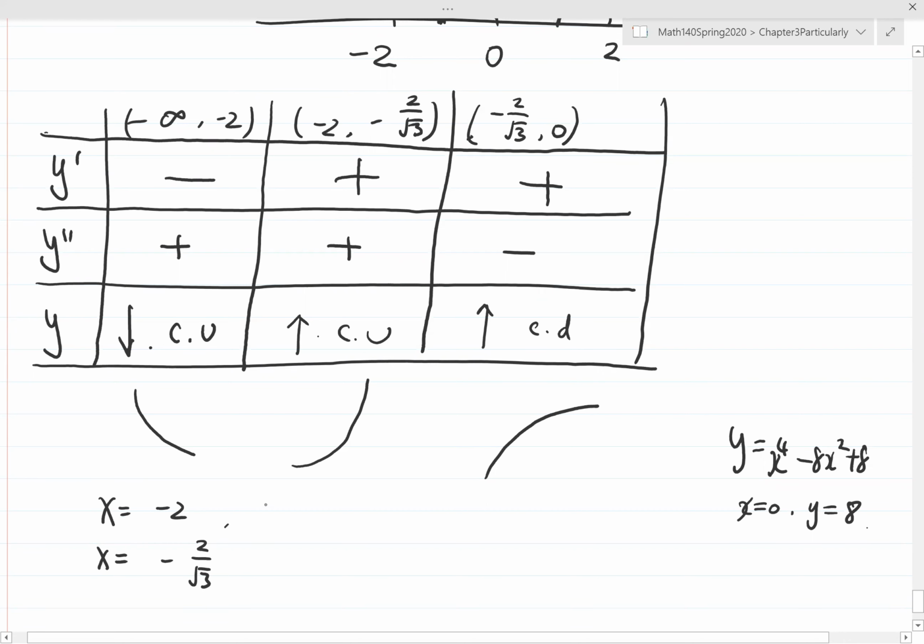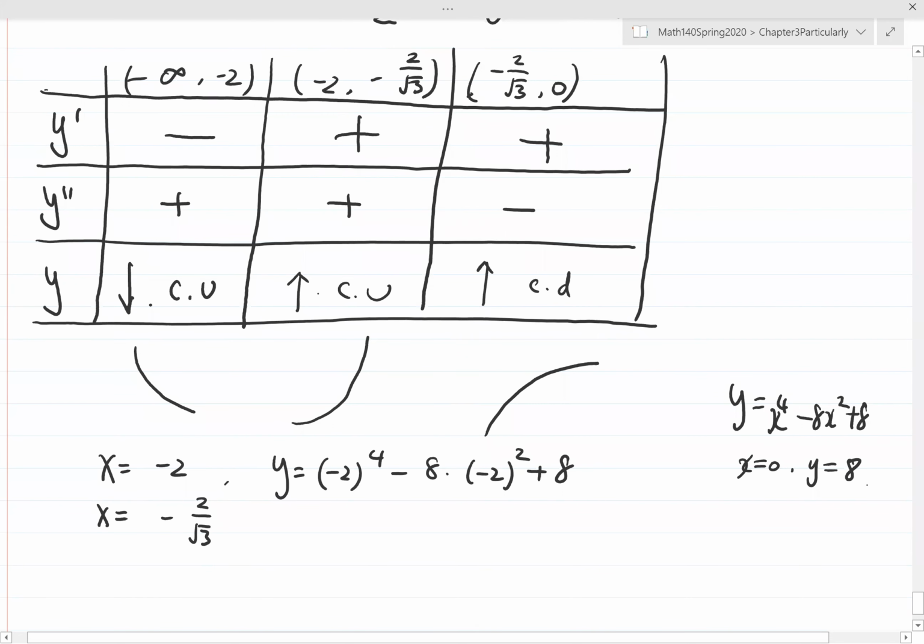In this case, it's negative 2 to the power 4 minus 8 times negative 2 squared plus 8. It's not that bad to compute by hand. It's 16 minus 32 plus 8, so it's negative 16 plus 8. So it's negative 8.